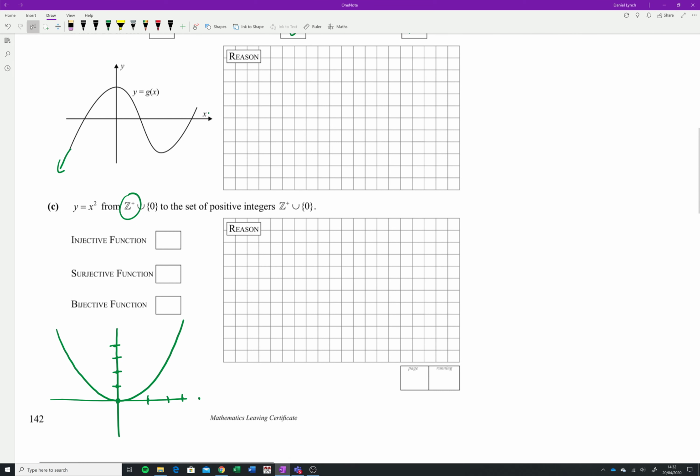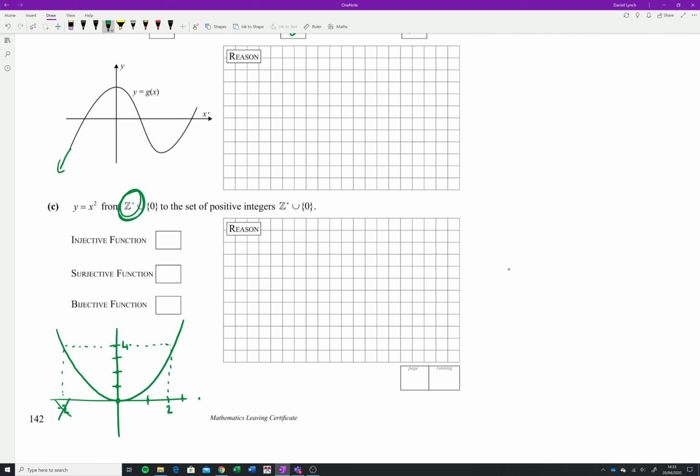Is there any y value, for instance, let's take 4 here. What would 4 be associated with? 4 would be associated with an x value of 2. And you say, okay, that's fine, that's just one value, but 4 is also associated with -2. So typically you would say this thing is not injective on the basis that it has 2 x values. But actually, the only inputs we were looking at were positive whole numbers.